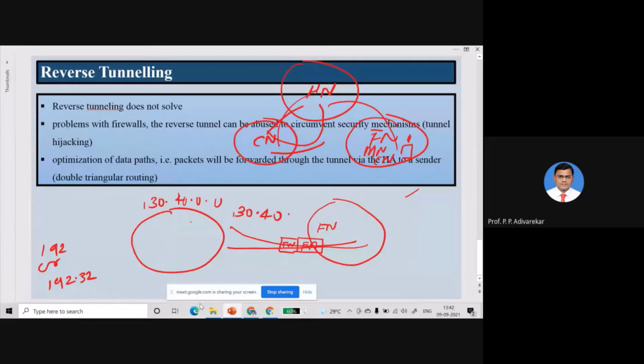A simple example of triangular routing is calling, in India, a person who is a resident of the US but is currently in India. If a person in India is calling a person in India, it should be a direct call.